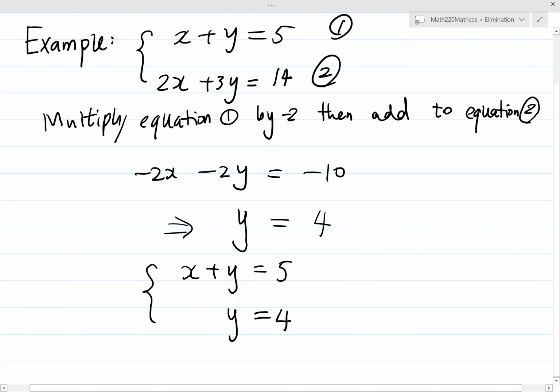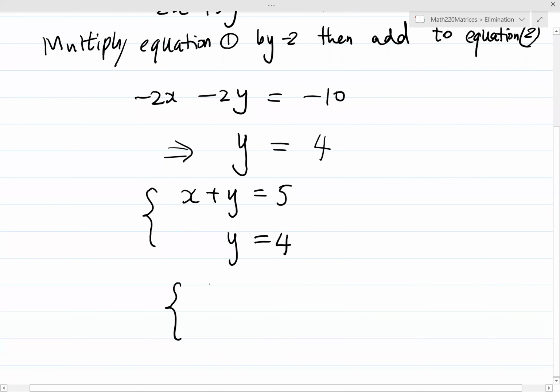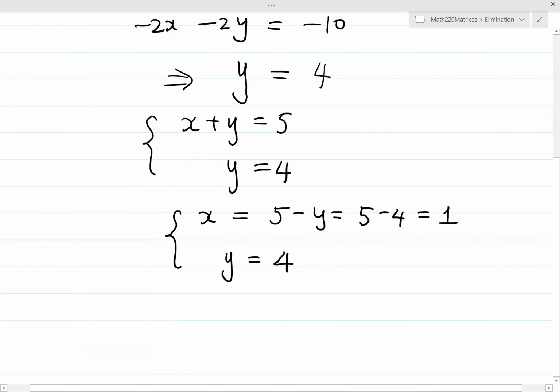Now we substitute y by 4, so x is 5 minus y, which is 5 minus 4. So we get the solution: x is 1, y is 4.